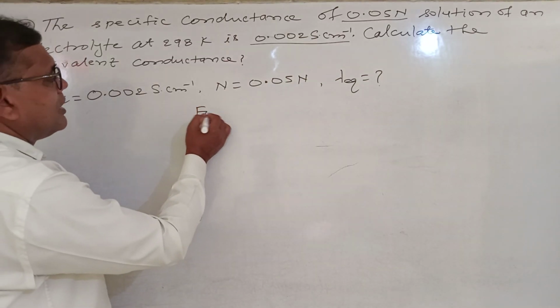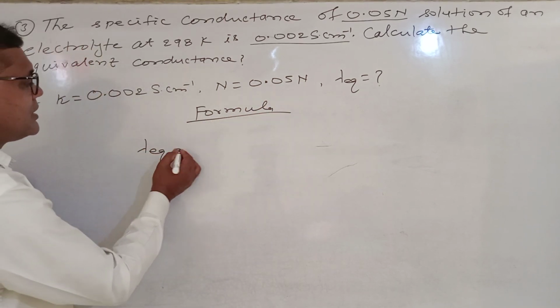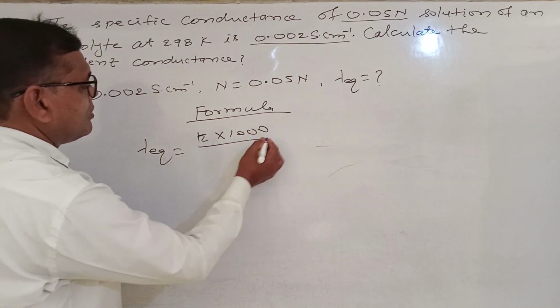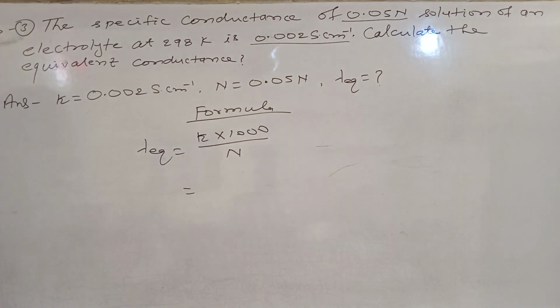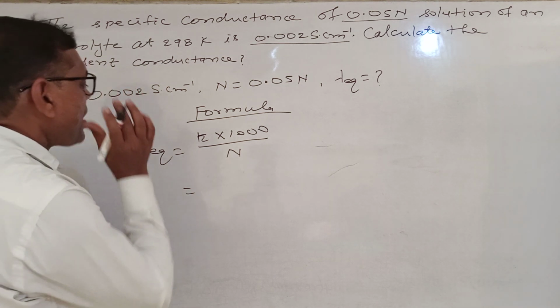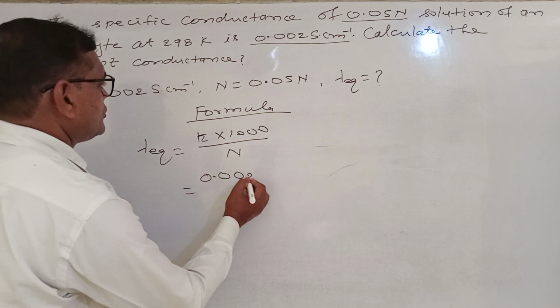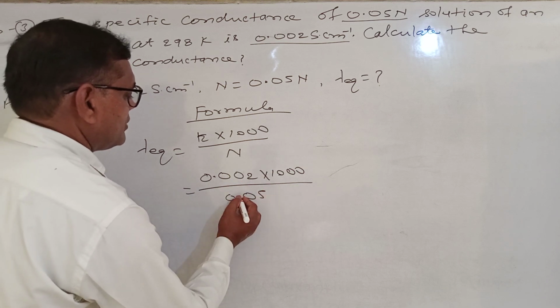Here we write the formula: lambda EQ is equal to kappa into 1000 upon capital N. Now we put the values of kappa and capital N and solve. 0.002 into 1000 upon 0.05.